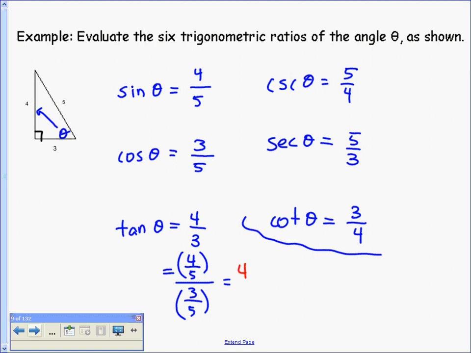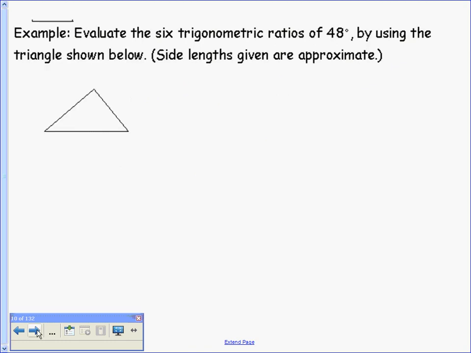If I simplify this, I have 4/5 times 5 over 3. Those cancel, and I get my 4/3. Okay, and that's why tangent and cotangent can be written in terms of sine and cosine.